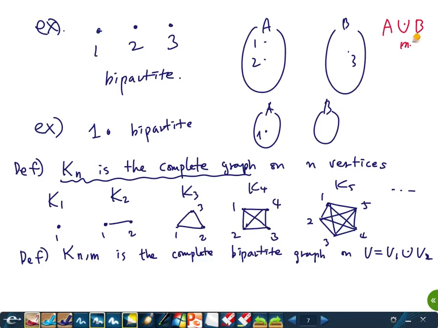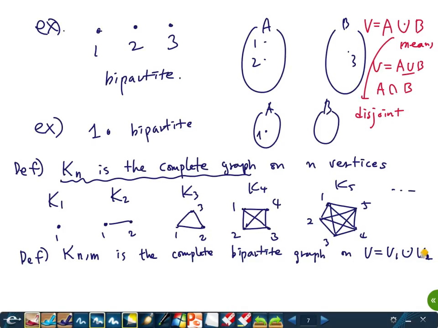This means V is the union of A and B, and A and B are disjoint. It takes time to write this always, and because it is used often, we use this notation quite often.